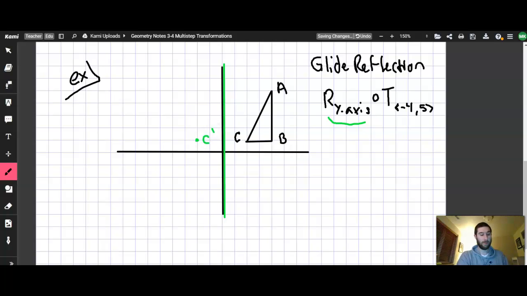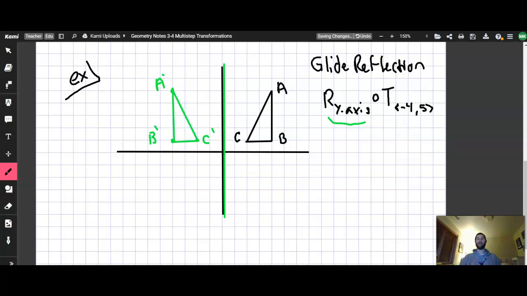Same thing with B. B is 4 spots away, and so 4 spots away on the other side. 1, 2, 3, 4. Here is B prime. Last but not least is A, 4 spots away, so 4 spots away on the other side. Here we go for A prime. Here is our reflected triangle.